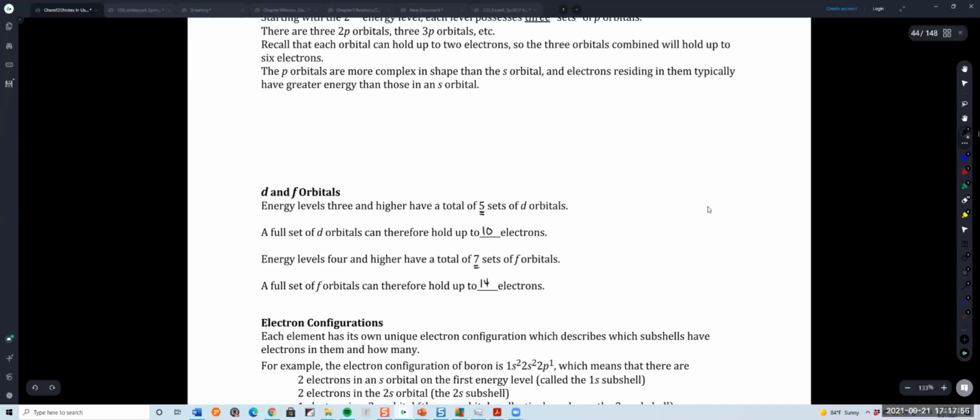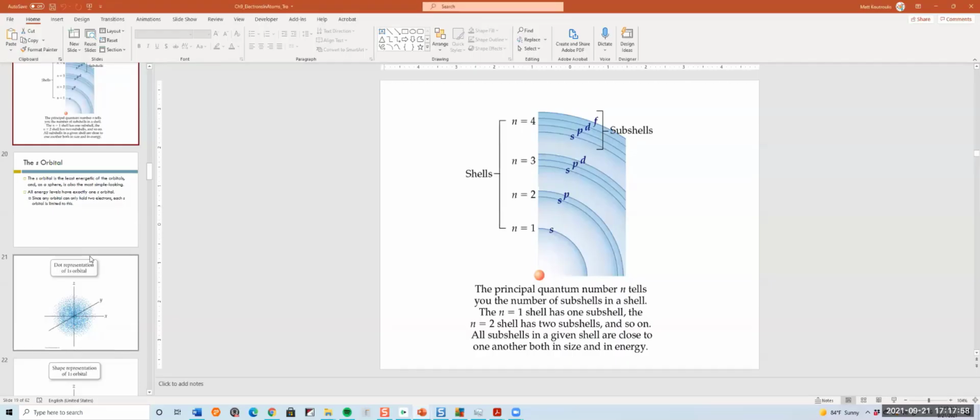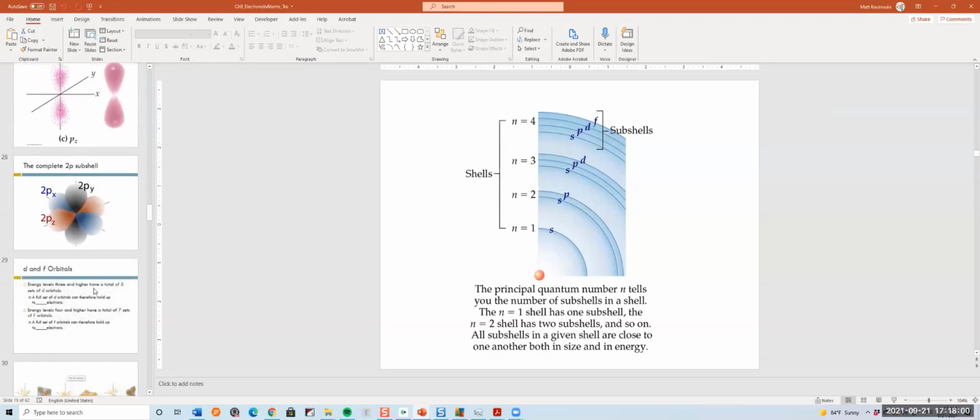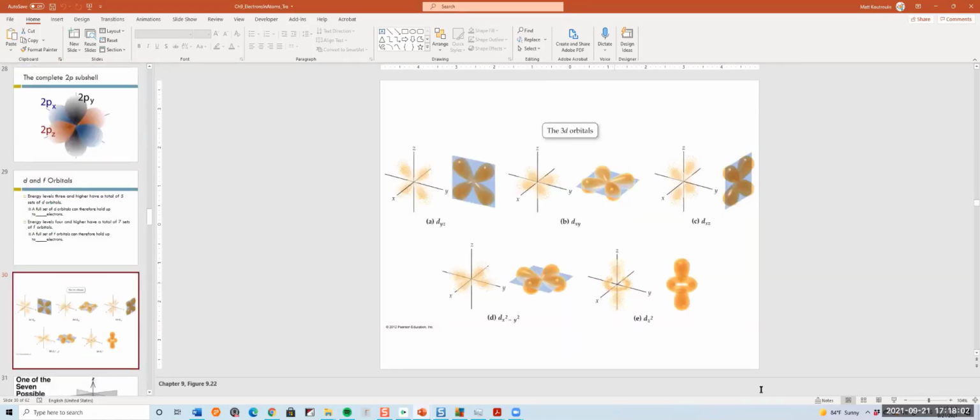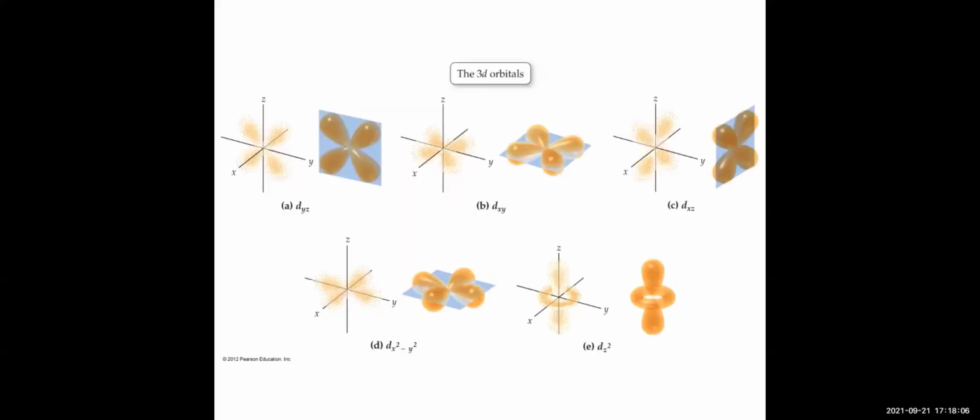Let's take a look at the pictures of those. Their pictures start to get really crazy. So these are the 3D orbitals. They kind of look like the p orbitals split. You don't need to know the names of any of these, you just need to know that there's 5 of them.